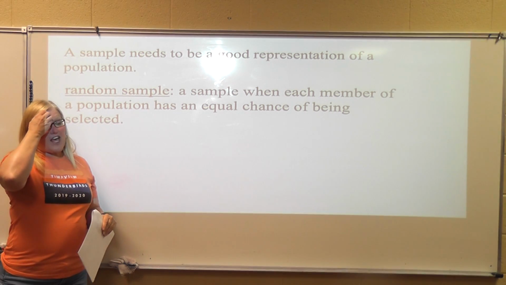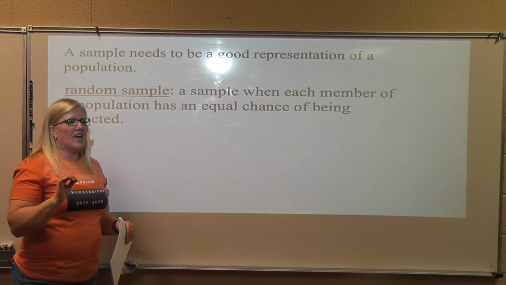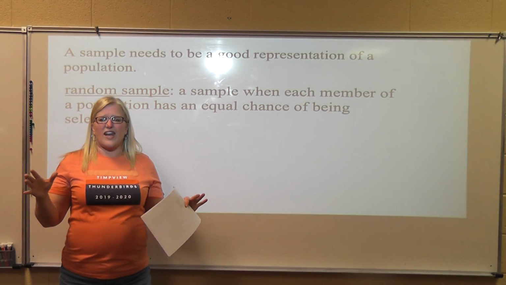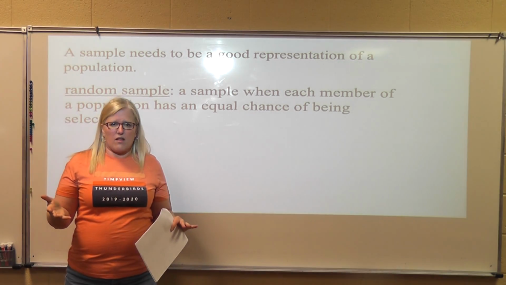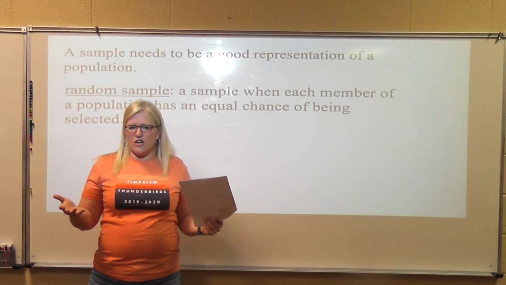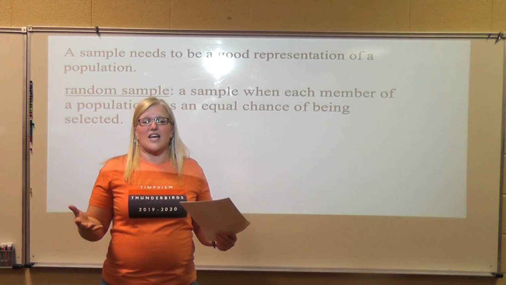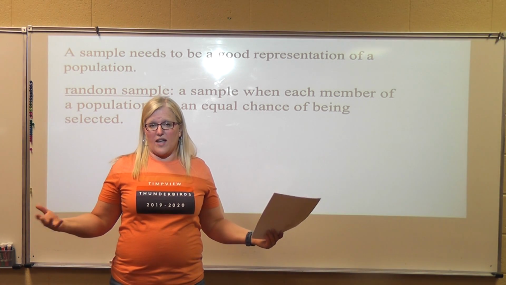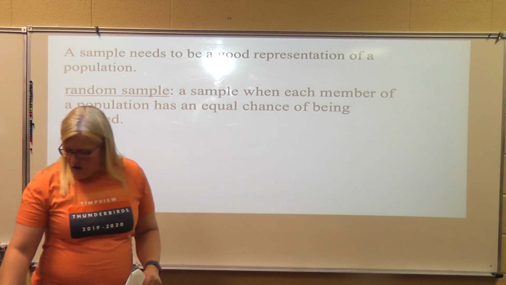For example, if I do a survey that's going to represent the school and I only ask my 5th hour math class the questions, then it's not a good random sample because I didn't give anybody else a chance to answer the question.